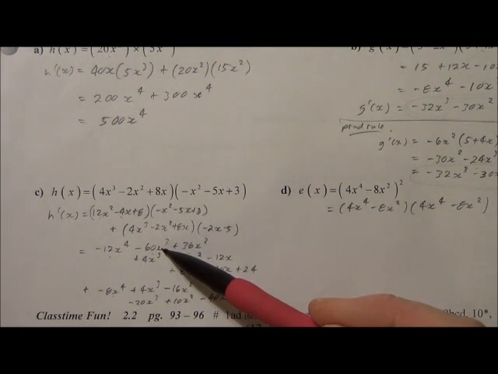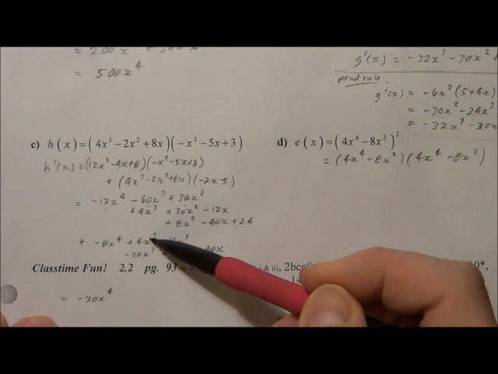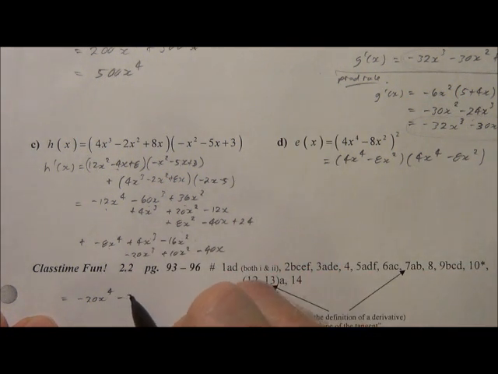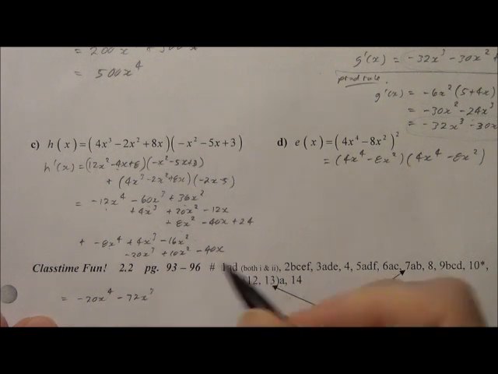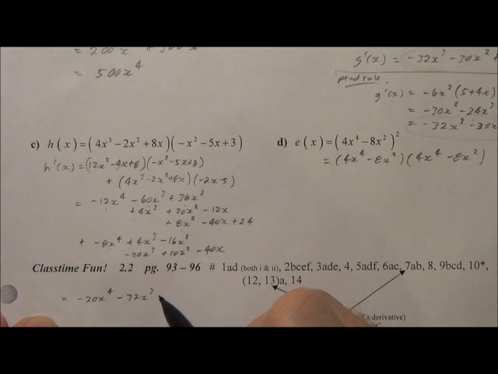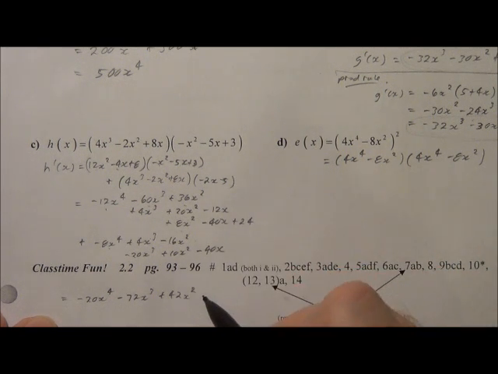Negative 60x cubed plus 4x cubed minus 20x cubed gives me negative 72x cubed. And then all the x squared terms, I'll just add those all together. So we get plus 42x squared. Add all the x terms together, negative 92x, and then plus 24.